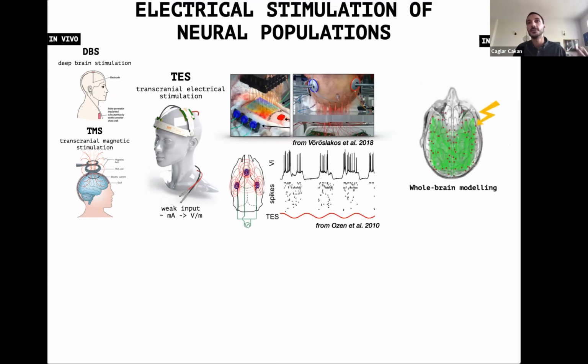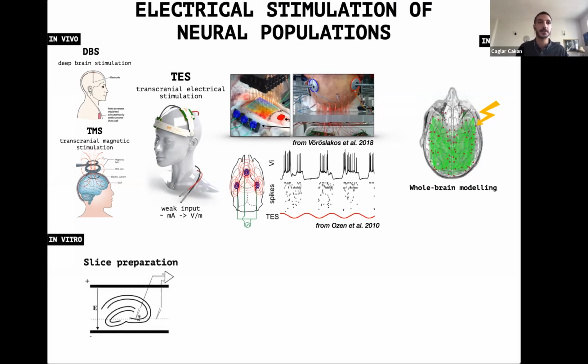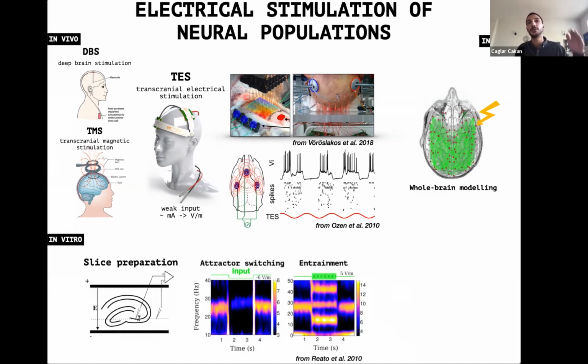So in my mind, if you would want to model something like this, you would have to probably simulate a whole brain for that in order to know how an electrical field affects the brain dynamics. Another way to research electrical fields is to look at what happens in a slice preparation. So local populations of neurons, usually put the slice between two electrode plates.